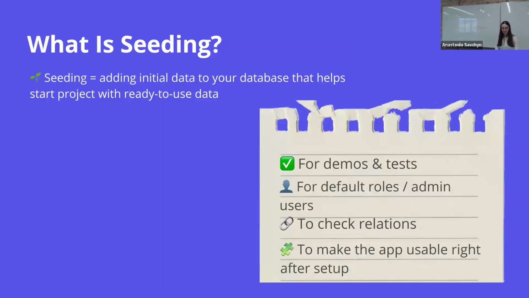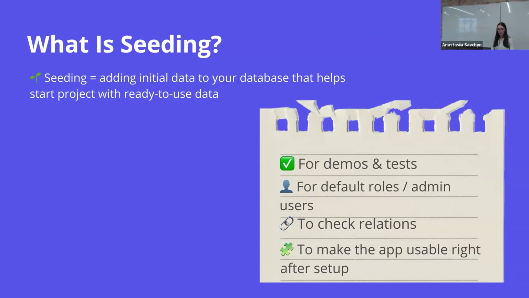So what is seeding? Seeding is adding some initial data to your database that helps to start a project with some ready-to-use data. For example, as you are showing us your assignments and you want some data to demonstrate it on, you just add something random, for example, books and authors, just random values to have some data to demonstrate it on.